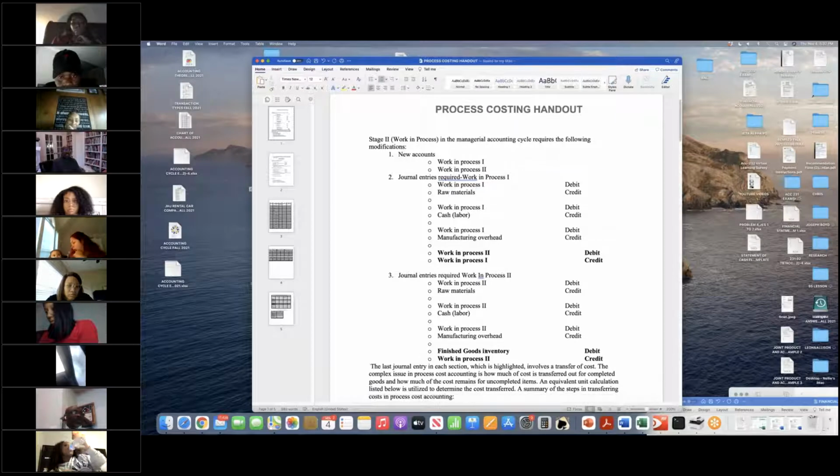And then we make the transfer to finished goods, that goes from process one to process two. And these last two journal entries that are highlighted are the keys in process cost accounting. The other ones we've already done before.